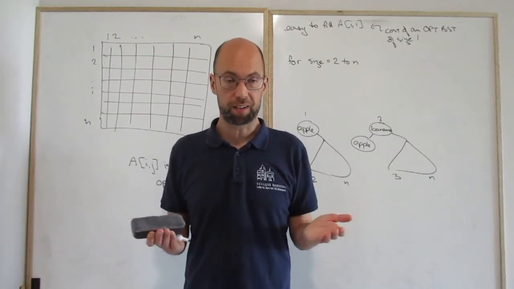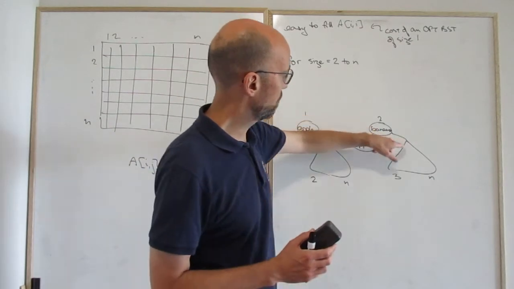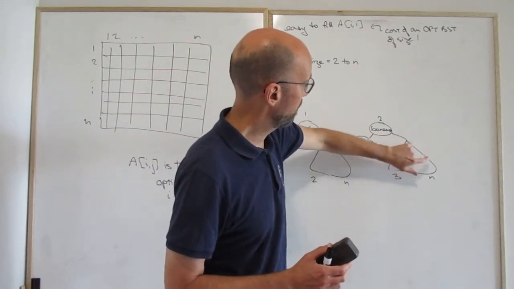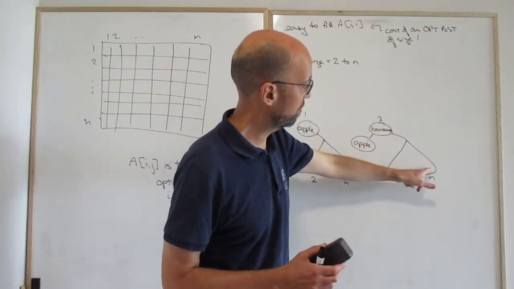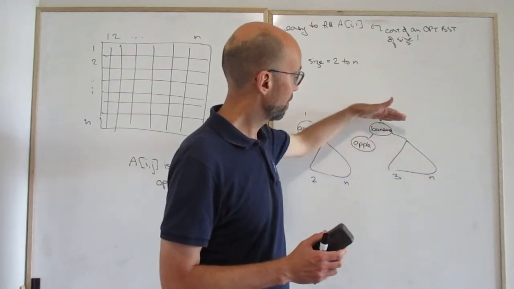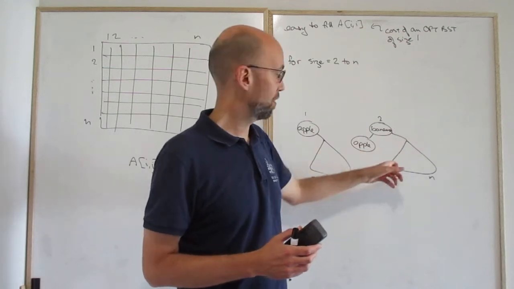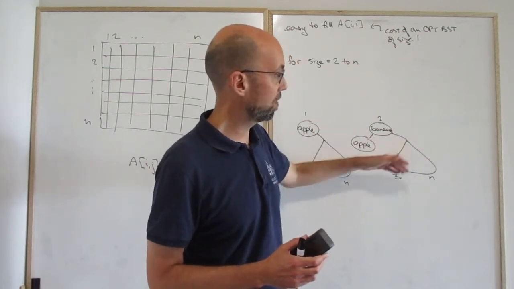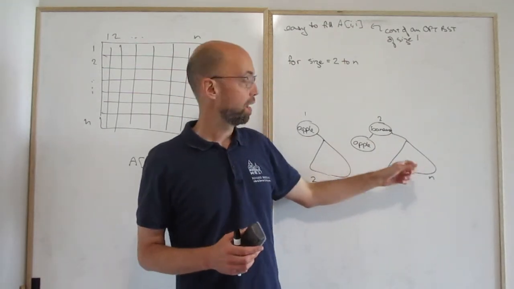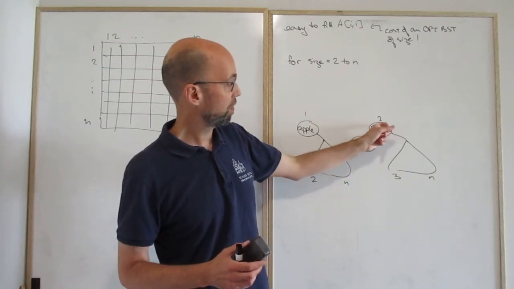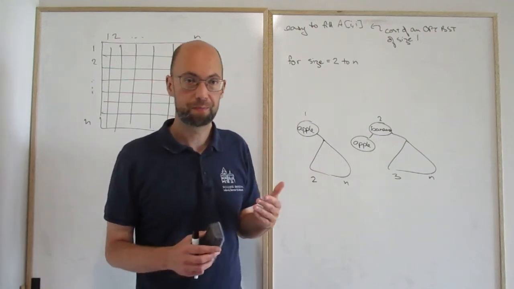We have their costs calculated, and then the cost here is going to be the cost of this, but all of the weights, all of the frequencies in here, are getting moved down 1. So you're going to have to take all of the weights in here and add them to this cost again. And then you do the same for this, and then you have this one, which is just the frequency times 1 because it's at the root. Okay?